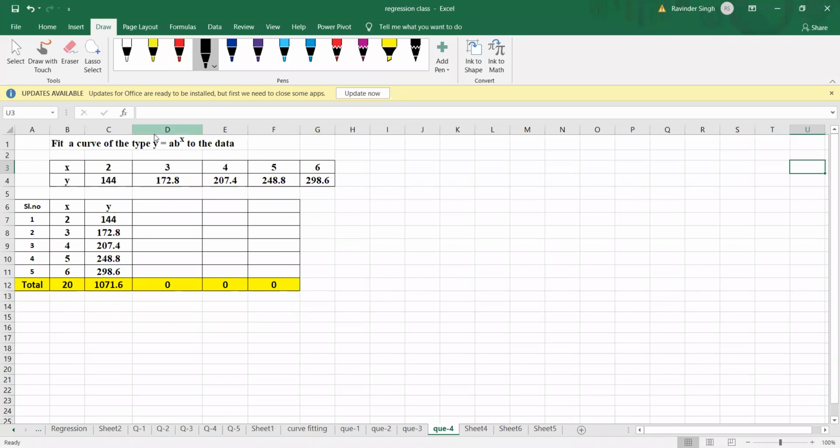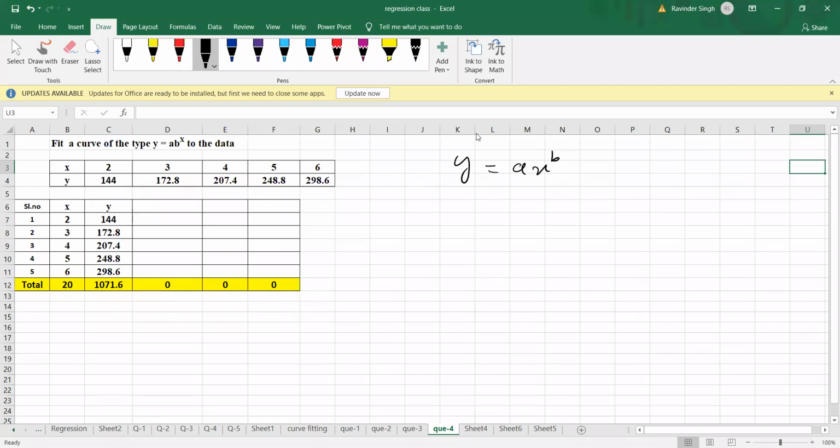So here we have an exponential curve, given in the form of y is equal to ax power b. In your syllabus, only one exponential curve is there, ax power b.